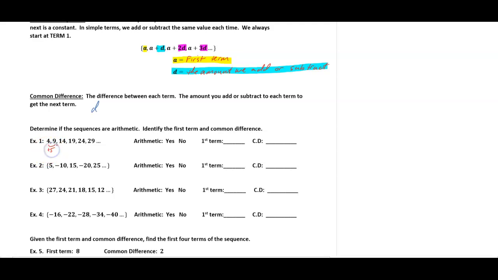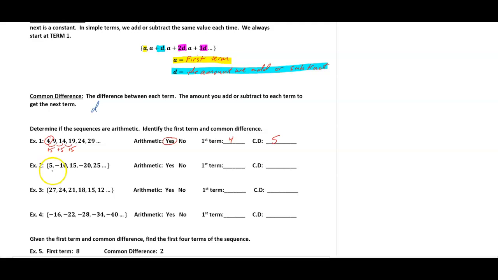I go up 5. 9 to 14 is going up 5. Since I'm adding the same amount each time, it is arithmetic. The first term is 4, and my common difference is, how much am I adding each time? I'm adding 5, so my common difference is 5.